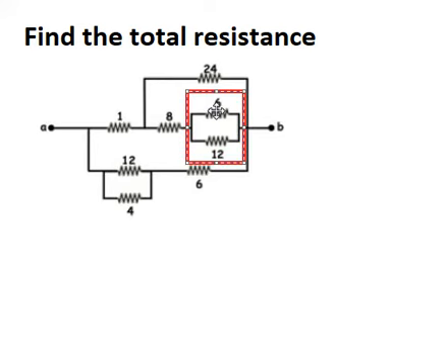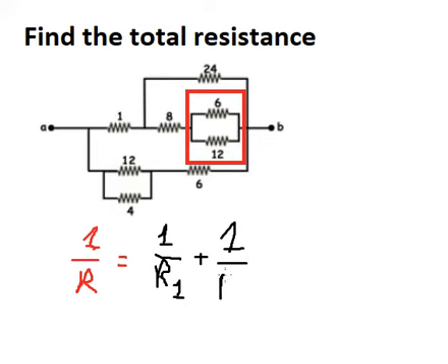So we see that we have two resistors, they are parallel in here. So for the red color, we will have 1 over R equals 1 over R1 plus 1 over R2. So R1 I will choose 6, R2 we have 12.